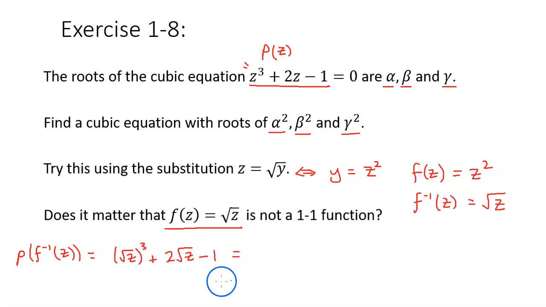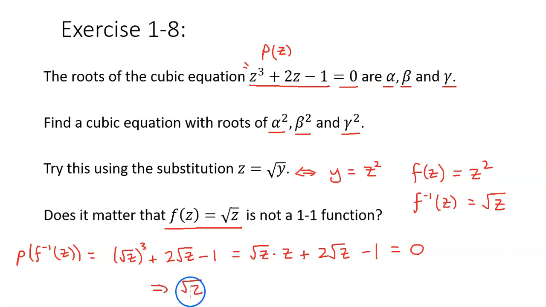And just doing a little bit of algebra here, this is equal to the square root of z times z itself plus 2 times the square root of z minus 1. And this should all equal 0 since p of z equals 0. And then from here we can actually go ahead and factor out the square root of z. So square root of z times z plus 2. And then bringing the 1 to the other side, we can say it equals 1.